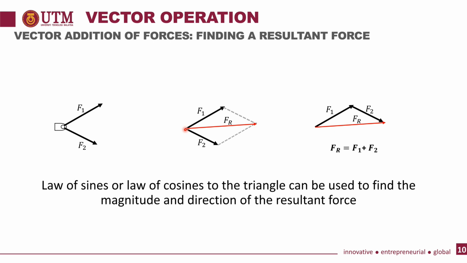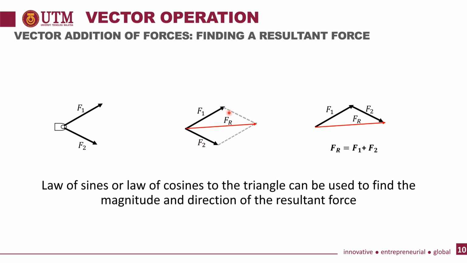In order to find the resultant force, you can use the law of sines or law of cosines on the triangle to find the magnitude and direction of the resultant force. After you find the parallelogram shape of your forces, you can convert the parallelogram into a triangle, because this line is parallel to F2, so you can put F2 here.